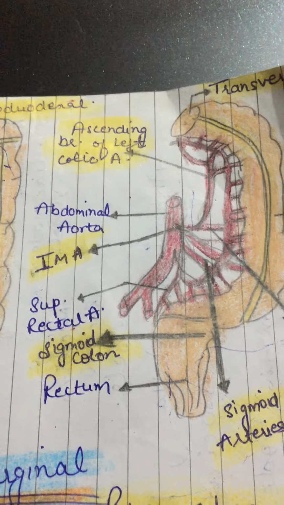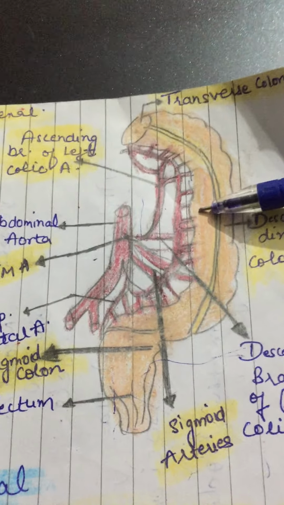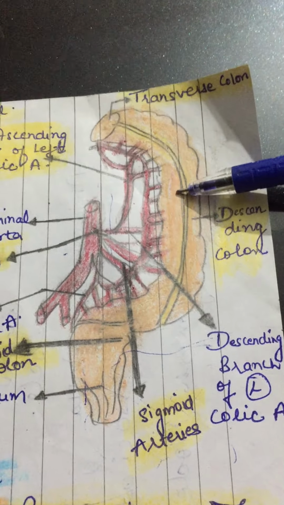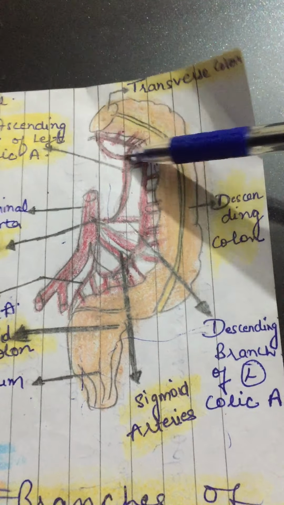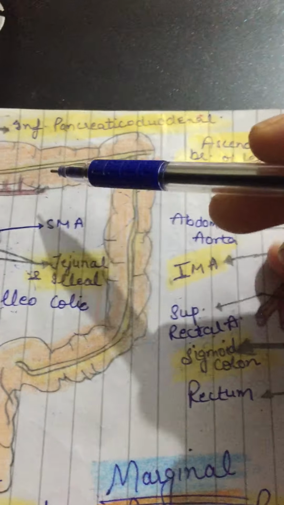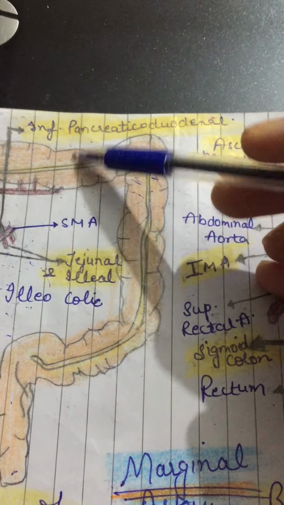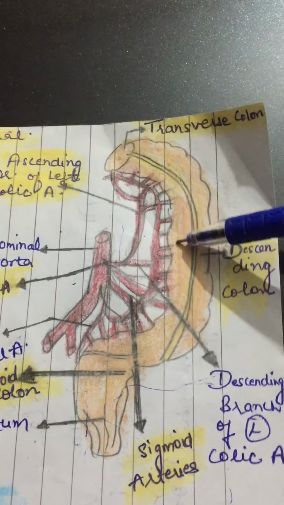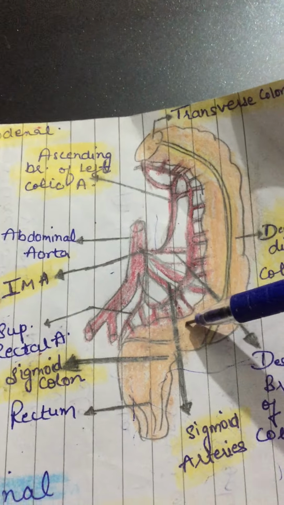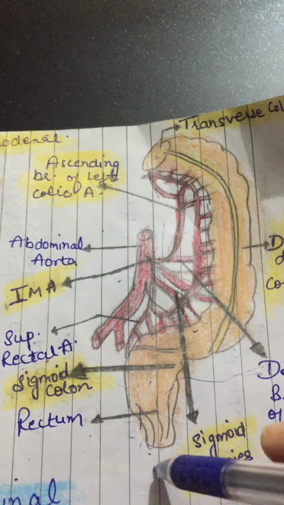Right. So the inferior mesenteric artery supplies the parts of the gut that are derived from the hindgut. Those are the left 1/3 of the transverse colon, since up to 2/3 was supplied by the superior mesenteric. Then we have the descending colon, then the sigmoid colon, then the rectum and upper part of the anal canal.